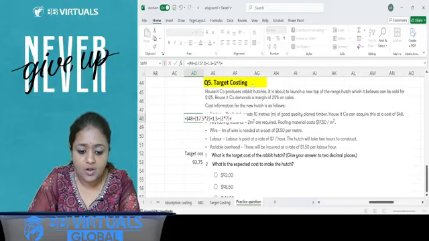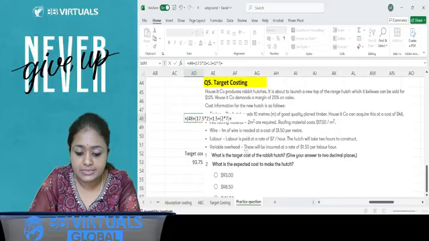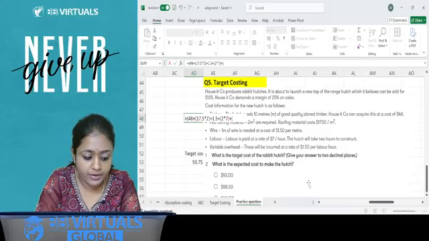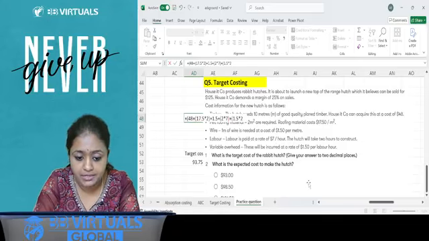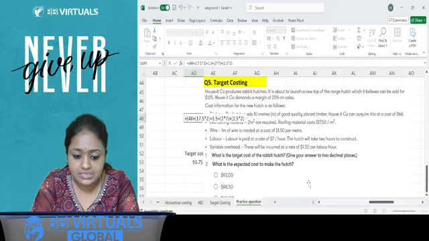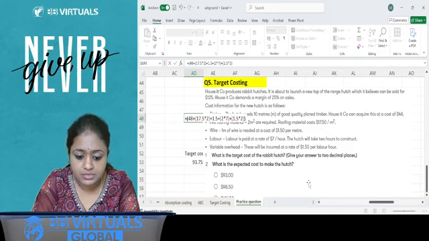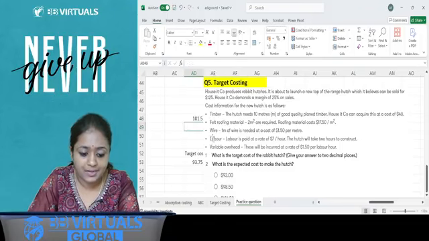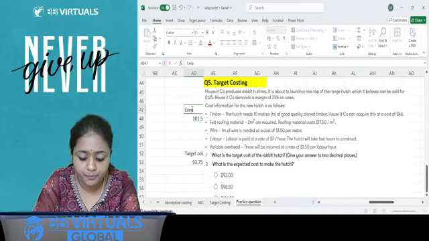Then variable overhead is incurred at the rate of 1.5 per labor hour, and we require 2 labor hours, so 1.5 multiplied by 2. Now we will close the bracket. So I get an expected cost of 101.5.